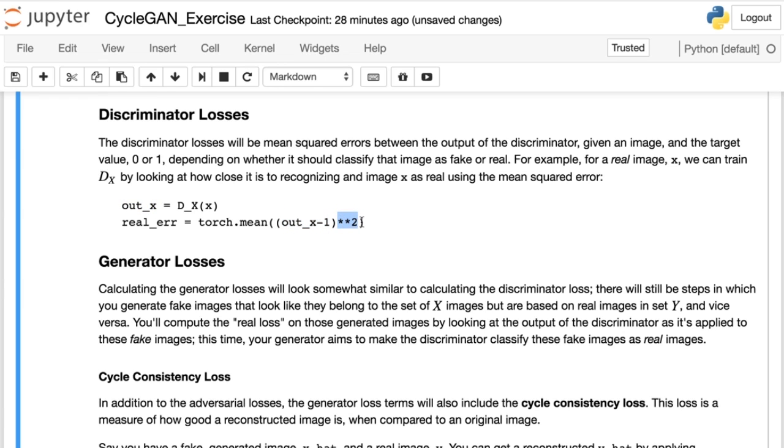In Python code, these two asterisks mean raised to a power of 2. So I'm taking the squared difference of the output and the label 1, and then I'm taking the mean of all of these values. So this is a mean squared loss, and I can do something really similar for a fake image, only instead of comparing the output to the value 1, I'm going to compare it to the value 0, and just end up squaring the output term.